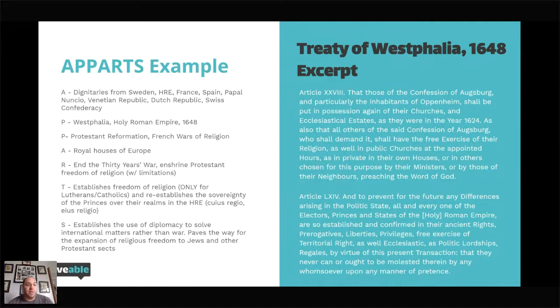Another thing that I tell my students when it comes to analyzing these documents that are written in an older style is to try to remember that they were writing for a very select few. And they're writing for people who you have to show some kind of deference. So think of them as if they're writing to like your grandmother or your grandfather, somebody who's much older, much wiser than you.